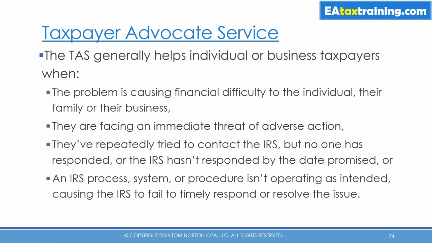And now the taxpayer can't feed their family. They're having all these financial difficulties. They're trying to get it resolved. They've hired a representative. They're trying to get everything taken care of, but they're not hearing back from the IRS, and the IRS just isn't responding. You can go to the Taxpayer Advocate Service to help with that.